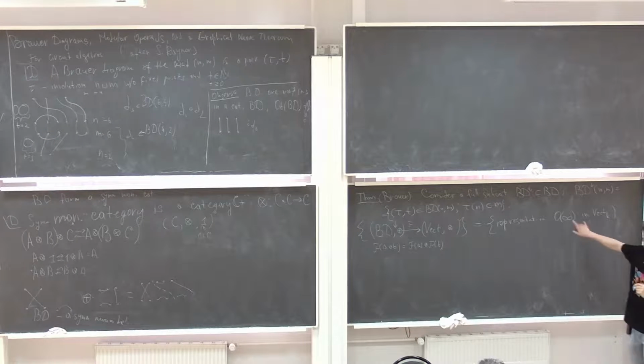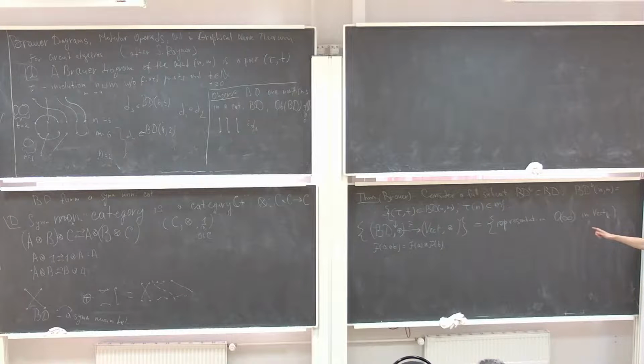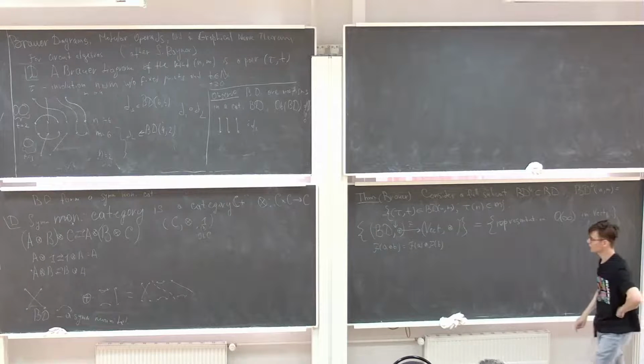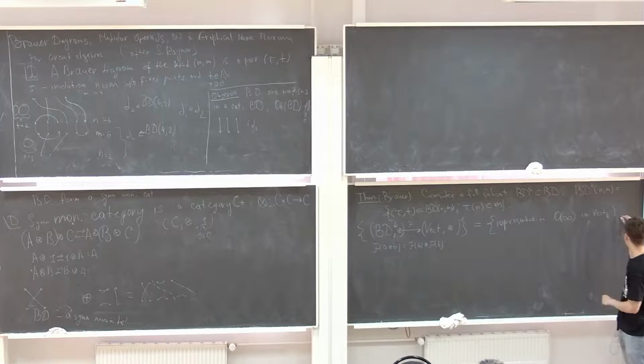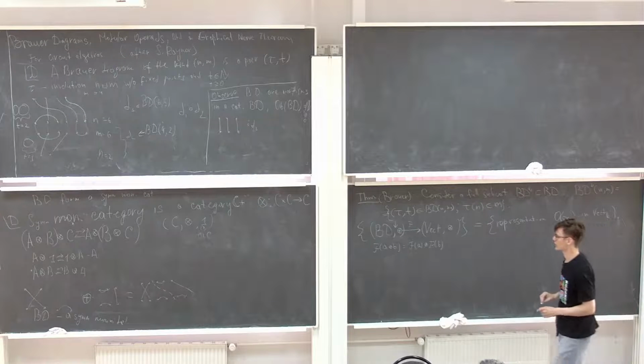The infinite orthogonal group is just the union of all the orthogonal groups which are embedded in each other in the usual way. So its representations are exactly the sequences of representations of O_n that stabilize. So this is certainly an interesting fact, and that's the motivation for the study of Brauer diagrams.